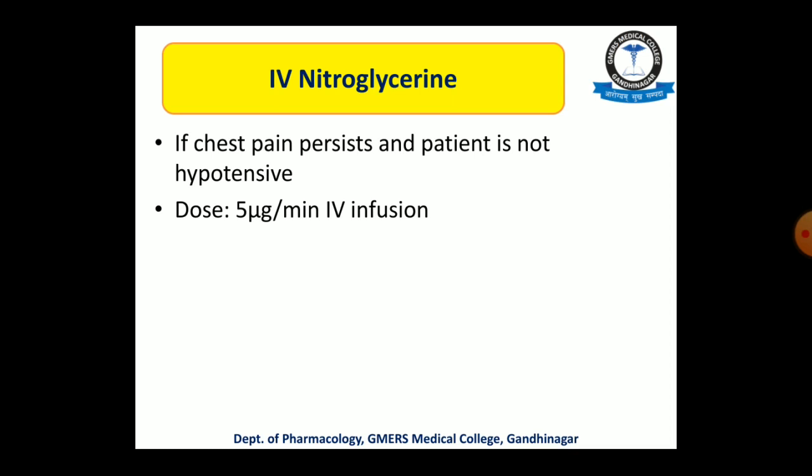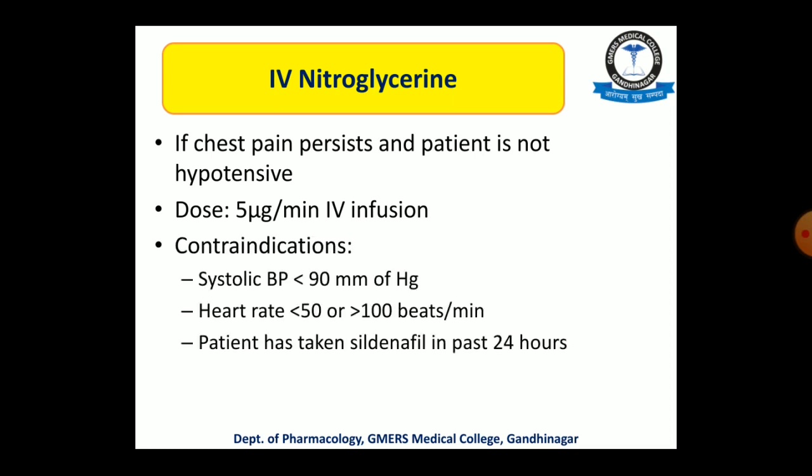But you have to be very cautious, and there are certain absolute contraindications of nitrates in myocardial infarction. As I told you, hypotension, so systolic blood pressure less than 90, or heart rate less than 50 or more than 100 beats per minute. You can definitely understand heart rate less than 50, but why is it contraindicated when the heart rate is more than 100 beats per minute? Because nitrates are vasodilators.